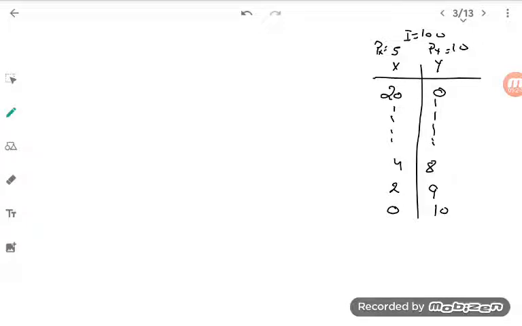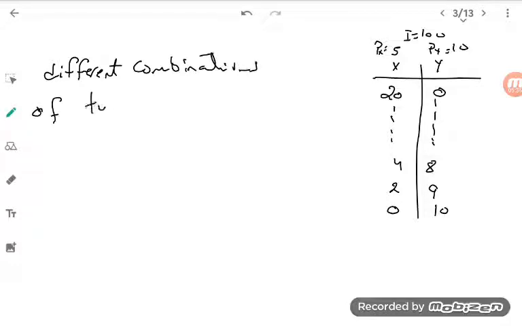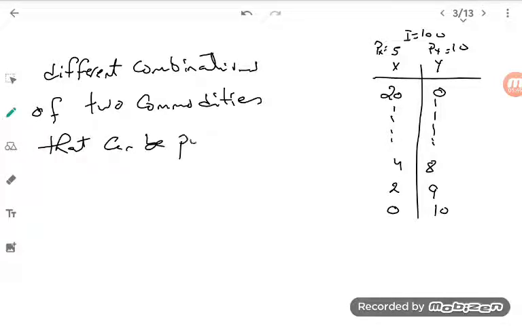So these are different combinations of two commodities that can be purchased using a given amount of money.